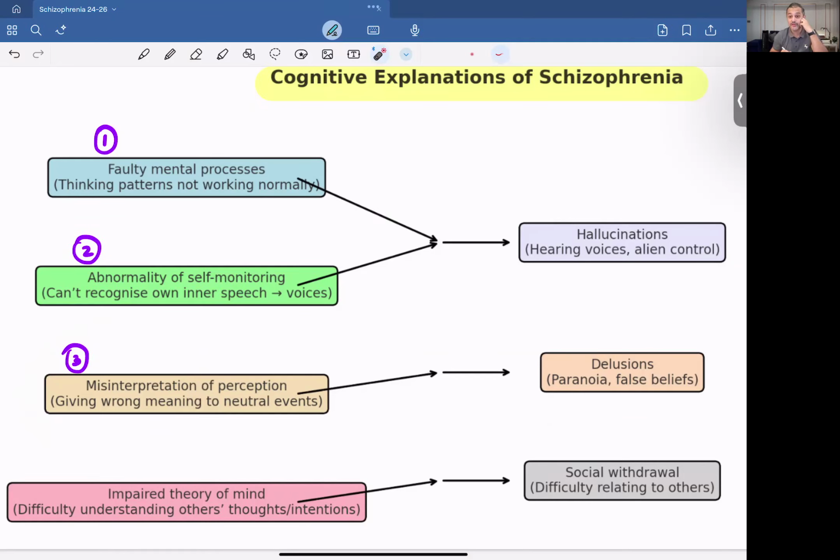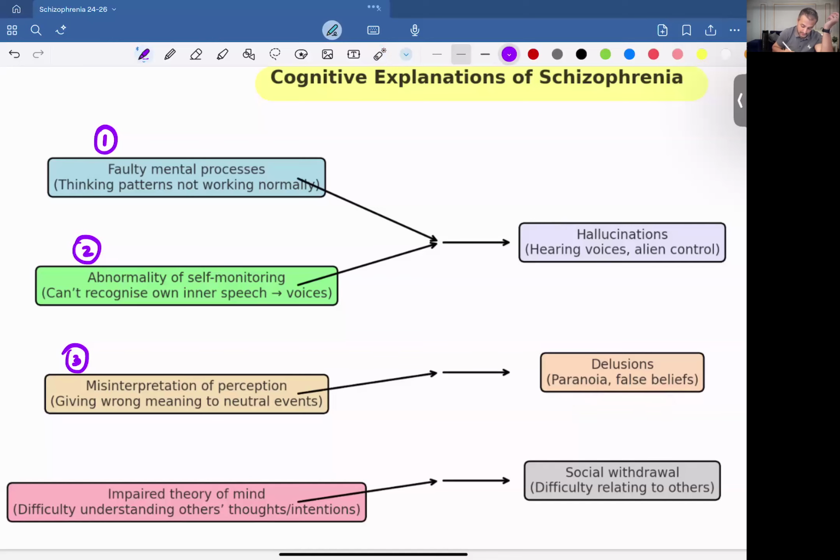If you remember, there was a library scene where the avatars were not acting in a manner that would have made you feel paranoid, but some participants did experience persecutory ideation. So misinterpretation of perception might result in individuals feeling paranoid, holding persecutory ideation, or, even worse, persecutory delusions.